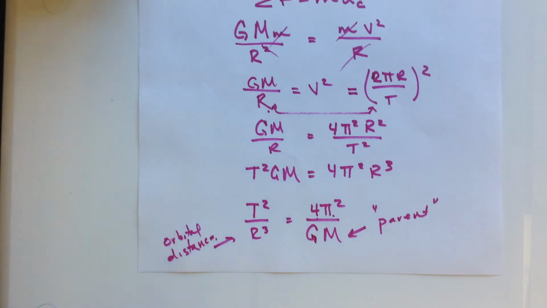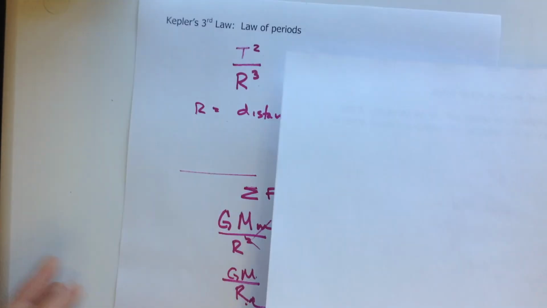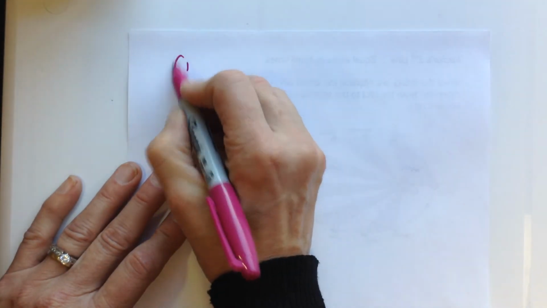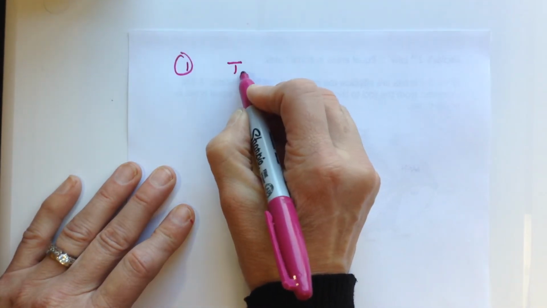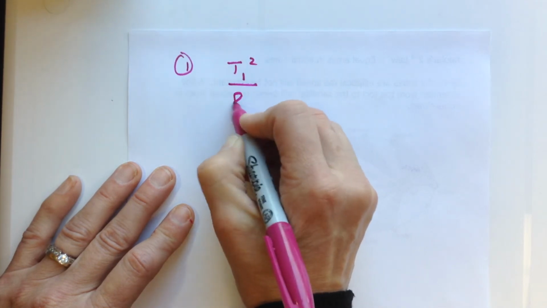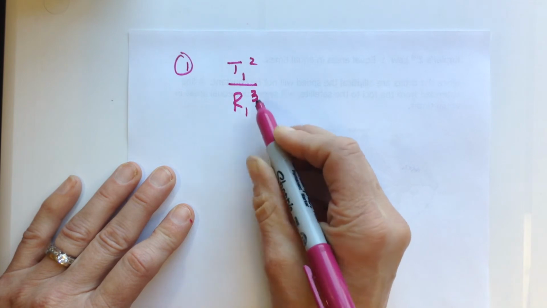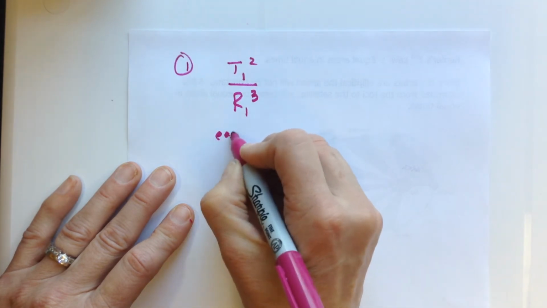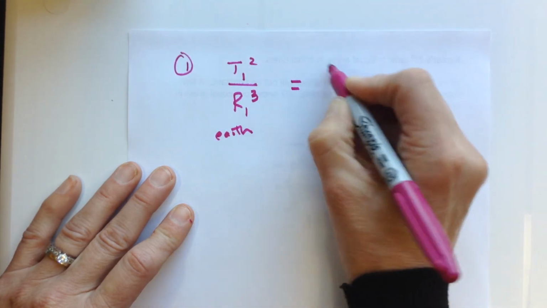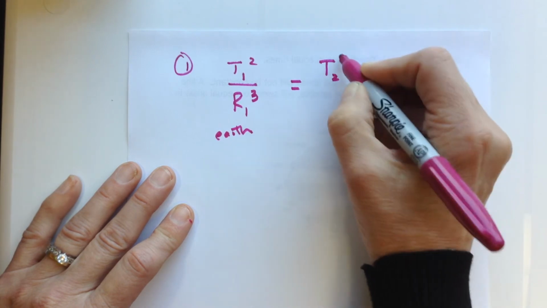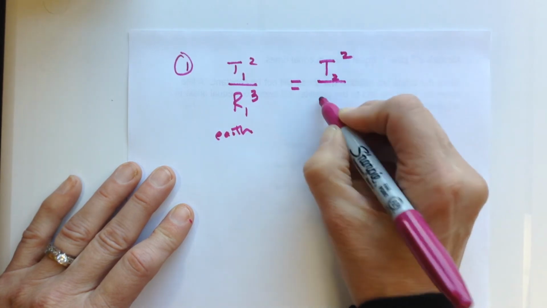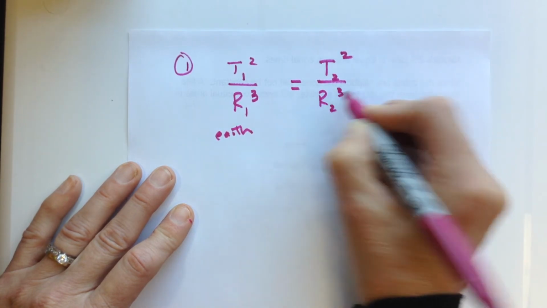So how are we going to apply this? Well, there are two different things that we will look at with Kepler's laws, or that you should be responsible for. One application, again going back to Kepler's idea: if I take the ratio of the period squared to the orbital radius cubed, and let's assume this is, say, Earth, that's going to be equal to the period squared of some other object that has a common parent over that object's orbital radius cubed.